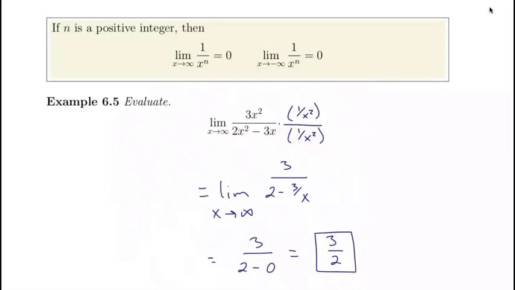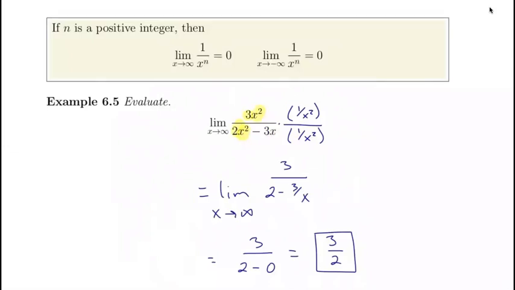What you're going to learn over time, and what you might remember from an algebra class, is that if the degrees match here, then the horizontal asymptote is just y equals 3 over 2, the ratio of the coefficients. Or in our case in calculus, if the degrees match, x squared and x squared, and they are the dominant terms in the numerator and denominator respectively, then the limit as x approaches infinity is the coefficient over the other coefficient, so 3 over 2.